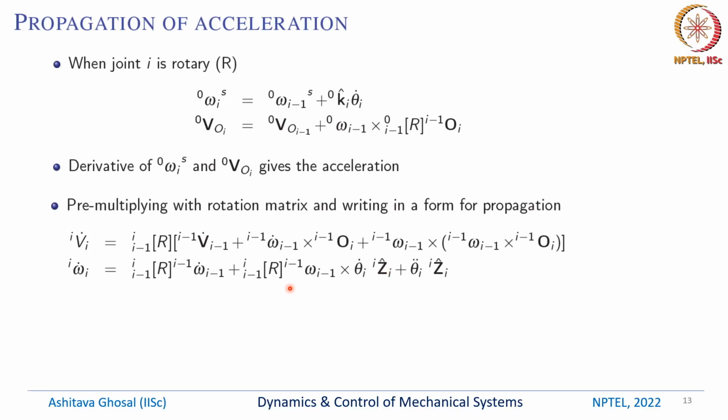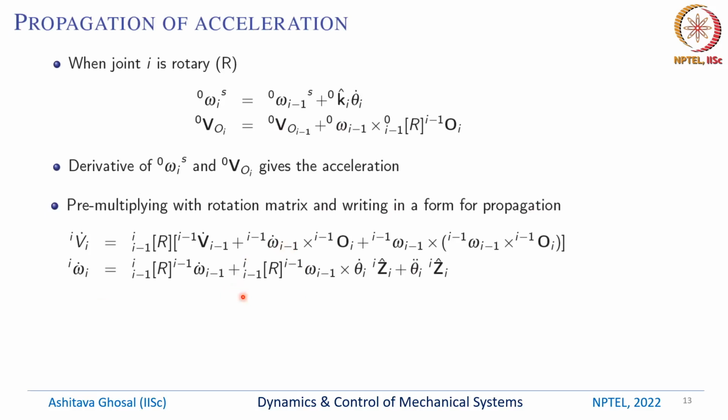But if you have a whole bunch of rigid bodies connected by rotary joints, what is happening at the joint is theta dot i along the z axis. This is a vector, and you can take the cross product of omega i-1 with this vector. This will also contribute to the acceleration of the ith rigid body.